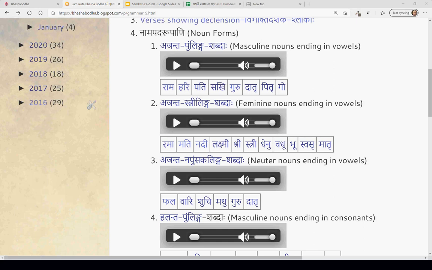And Rishi is a living being, a human being who has a male gender, so Rishi becomes a Pullinga. Now, Mati is a Strilinga by convention. Mati means intellect. It is not a living being, so by convention in the Sanskrit language, it is considered a Strilinga.